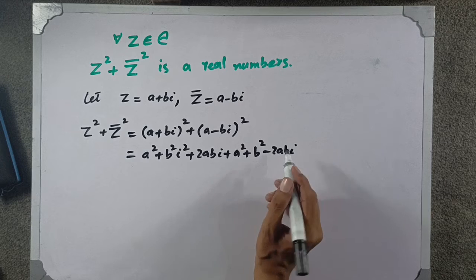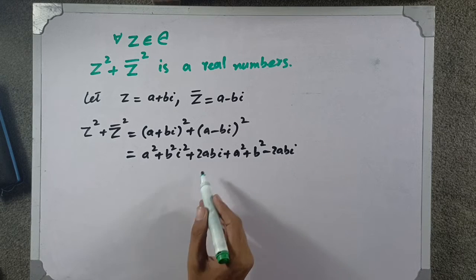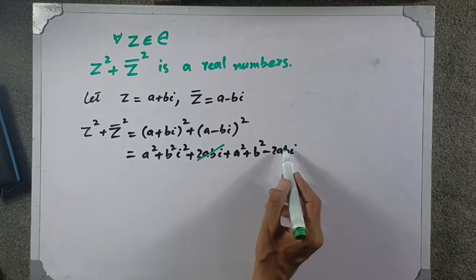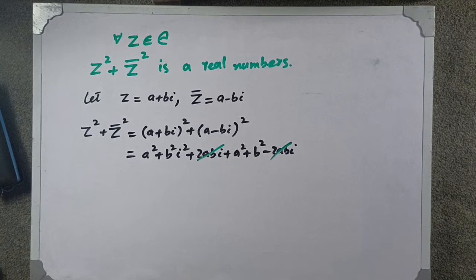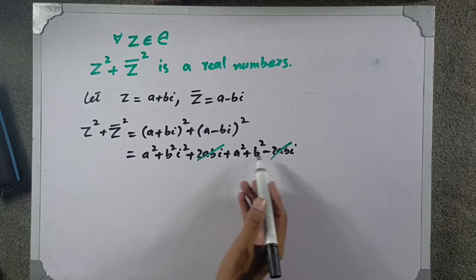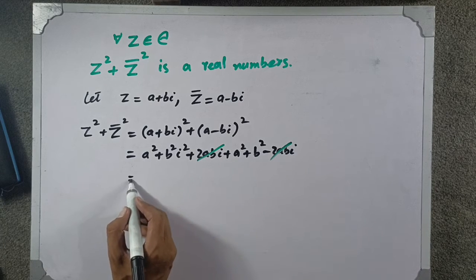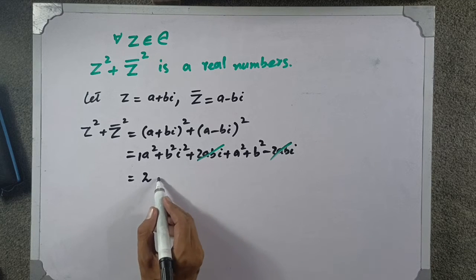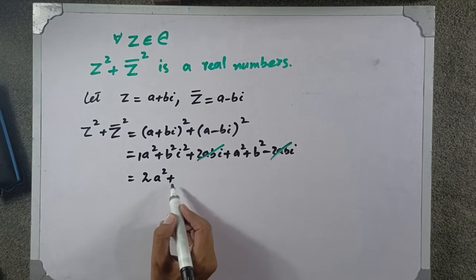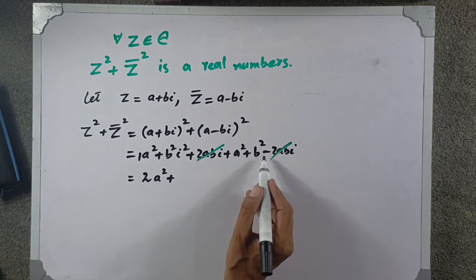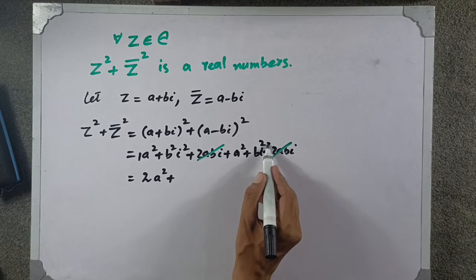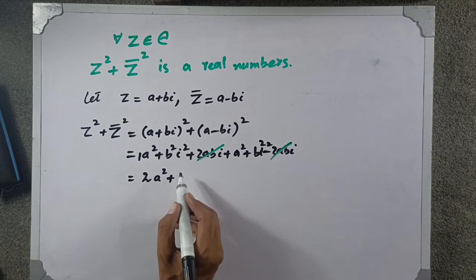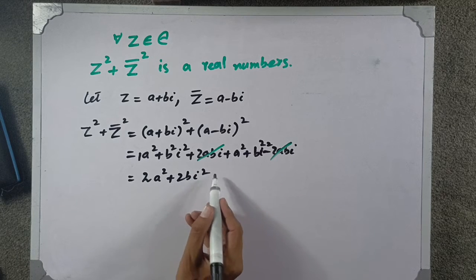Now by cancelling, these two terms will cancel each other because they have opposite signs. So 1 and 1, which is equal to 2a square, plus 1 and 1, here we also have iota square, so these are 2b iota square.